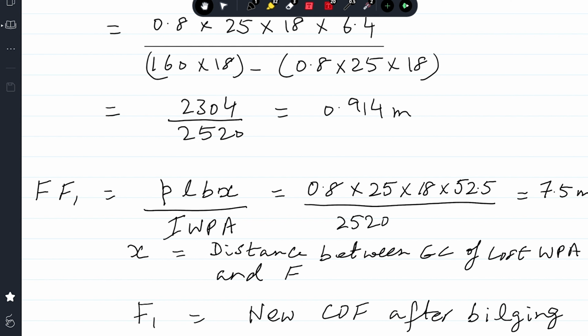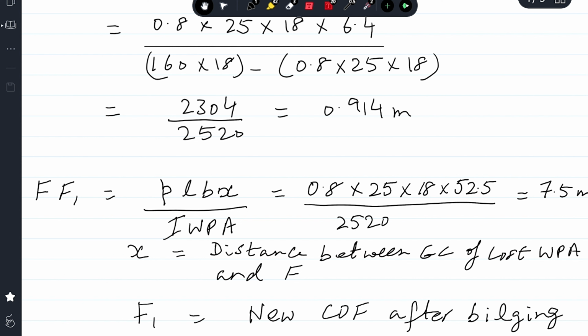That is the water plane area lost, multiplied by the distance between the centroid of the area lost and the center of flotation of the original water plane area, marked here as x. This is the distance between the center of flotation and the centroid of the water plane area which is lost, divided by intact water plane area.